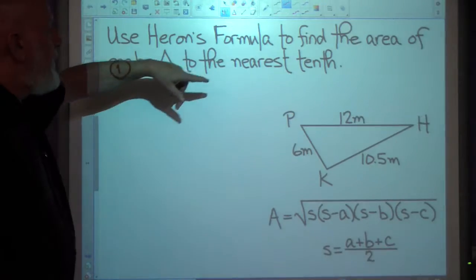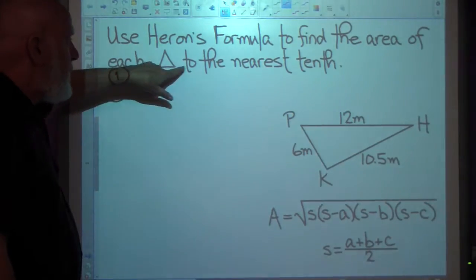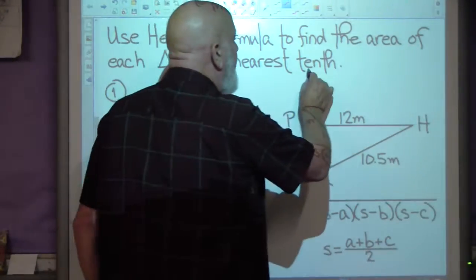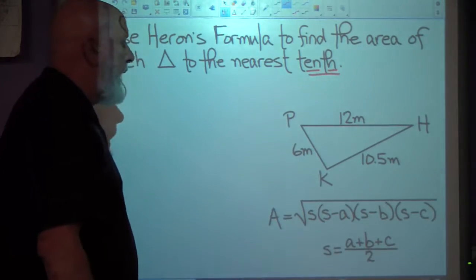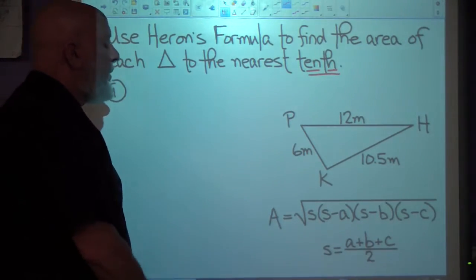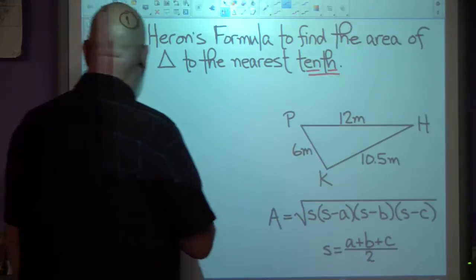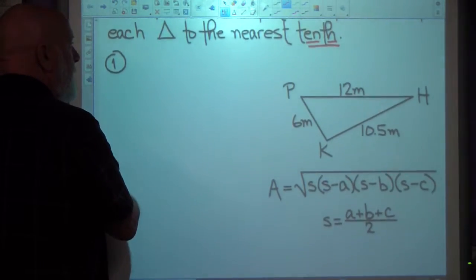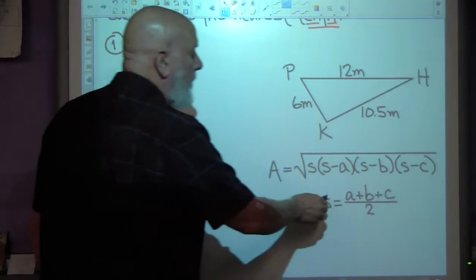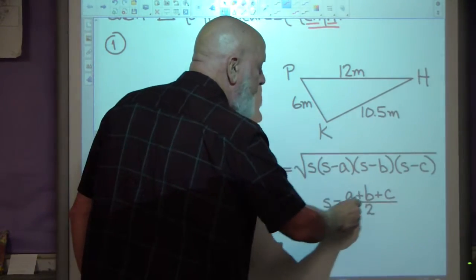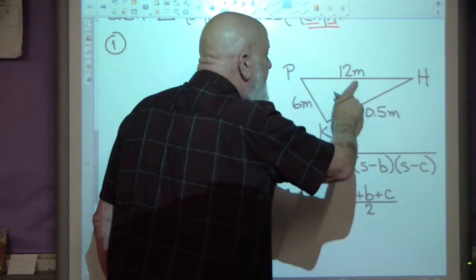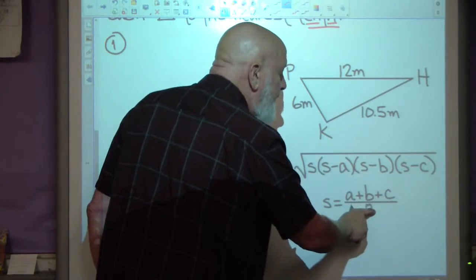Use Heron's formula to find the area of each triangle to the nearest tenth. Okay, so I'm going to round my answer to the nearest tenth because I've been asked to do that. So the first thing I always want to do, I personally like to find my value of S, and I'm going to plug that in here, here, here, and here. So S is the perimeter, these three sides, added up and divided by 2.